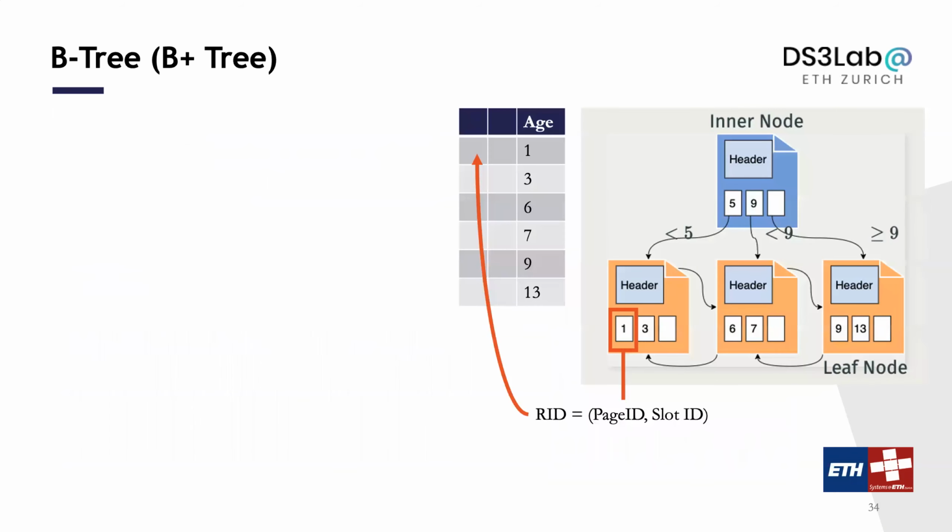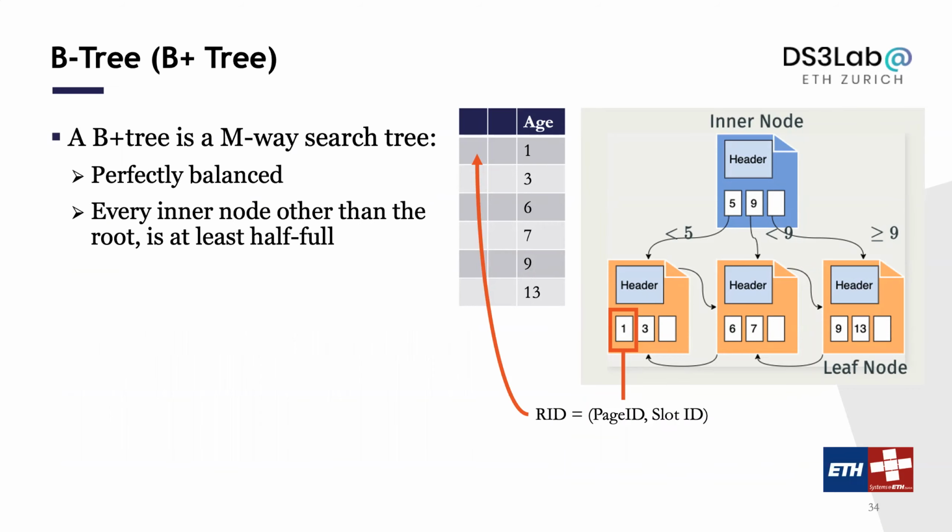The structure is actually very simple. You can think about the B+ tree as an M-way search tree. It's perfectly balanced, and to enforce that, every inner node in the tree, other than the root, is at least half full. Assuming every single inner node can keep, for example, 20 different children, we need to make sure every inner node is half full.